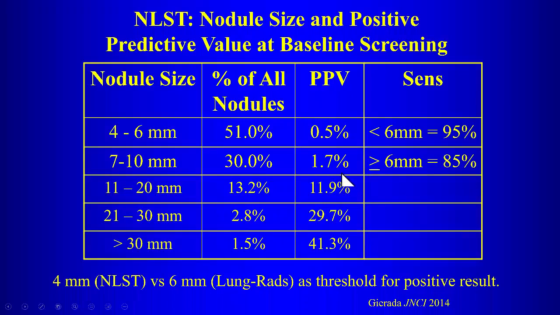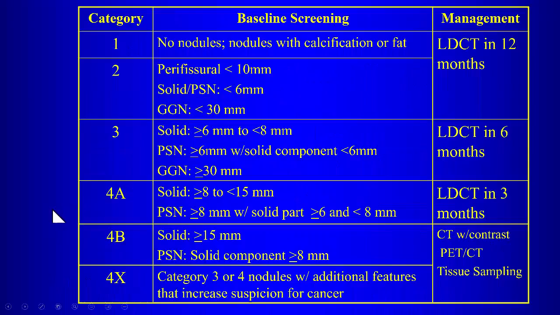And with false positive cases, there's also the workup and the anxiety that patients have to go through. So that's why, even though 4 millimeters was the number used in the National Lung Cancer Screening Trial, as far as Lung-RADS goes, currently we use 6 millimeters as the threshold for what essentially is a positive result, at least at baseline screening.